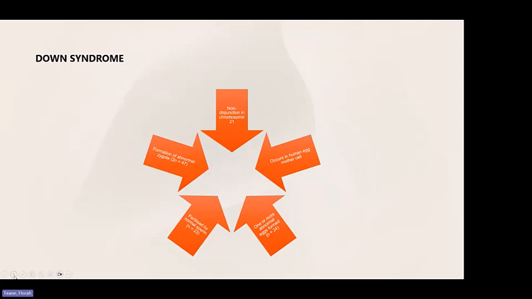The people that we refer to as having Down syndrome, I've already indicated that they have 47 chromosomes and not 46. And what causes Down syndrome?